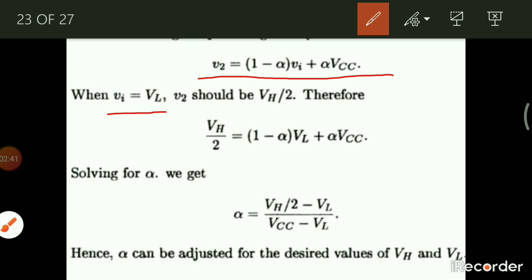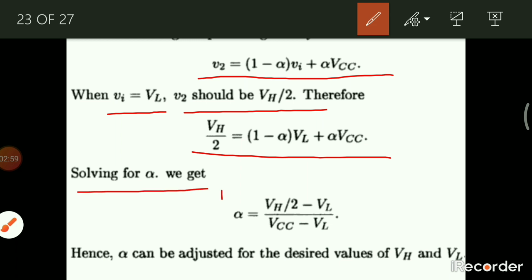Now when Vi is equal to VL, that is Vi equal to the low voltage level, then V2 should be VH by 2. If we put Vi equal to VL and V2 equal to VH by 2, then we'll get this result.